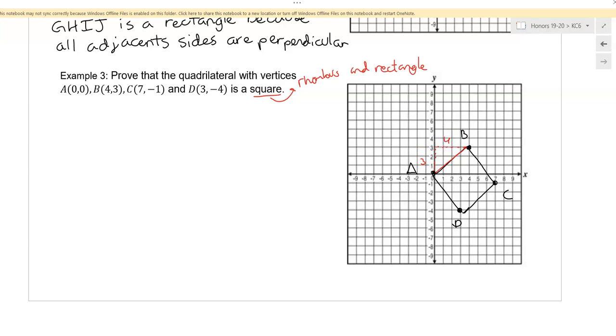Okay. So for A to B, 3 squared plus 4 squared equals your distance squared. This will be nice. We have 9 plus 16, 25. And that is 5.